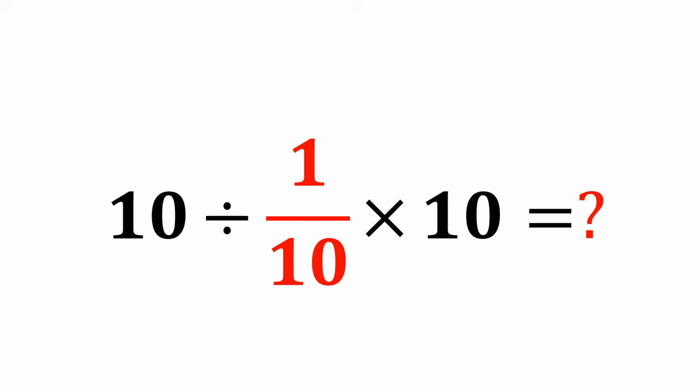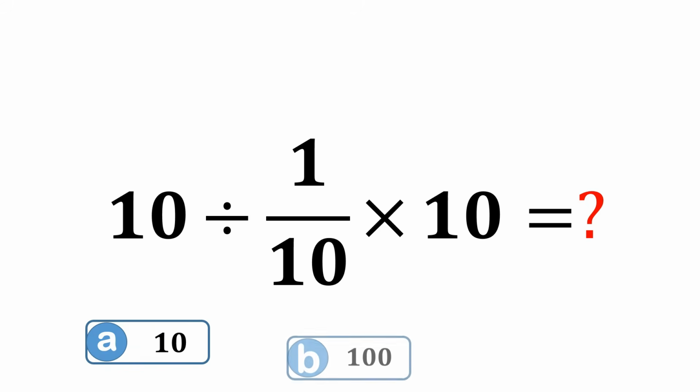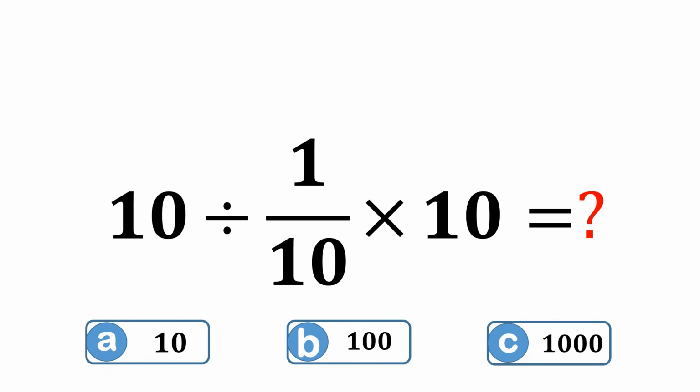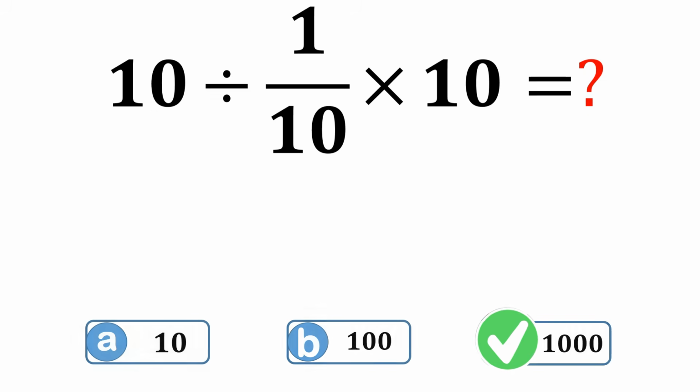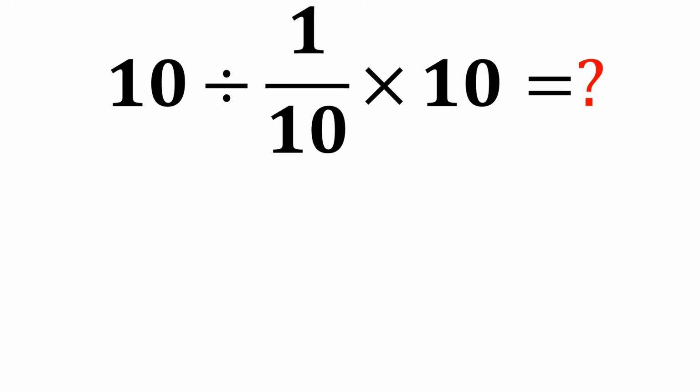Let's see if you're becoming a math ninja. 10 divided by 1/10 times 10. Is the answer 10, 100, or 1,000? 5 seconds. It's 1,000. Many people incorrectly cancel the tens and get 10. But remember our roadmap.